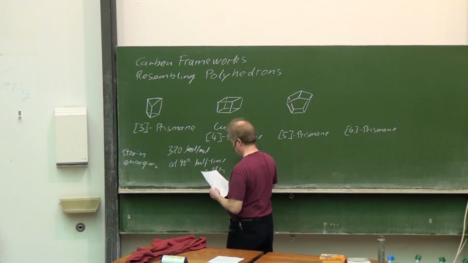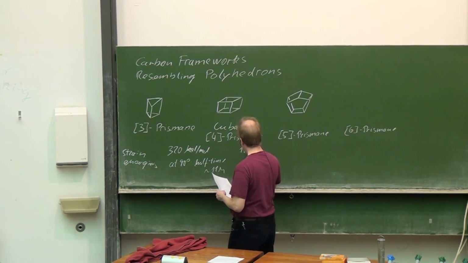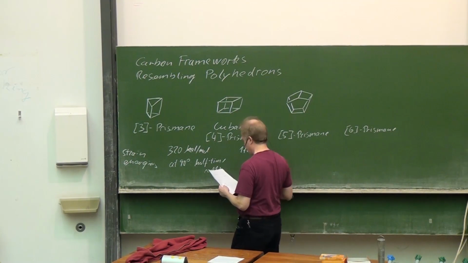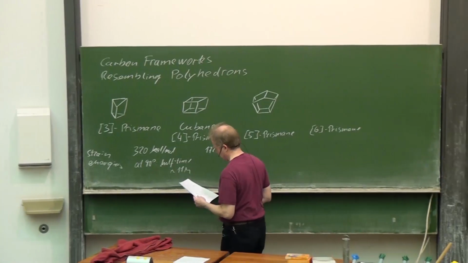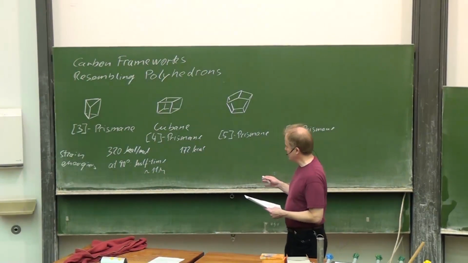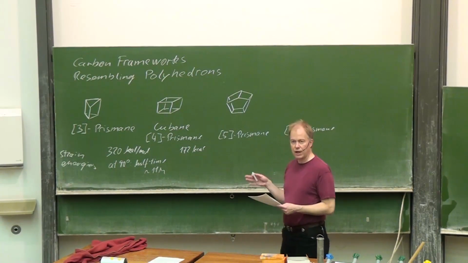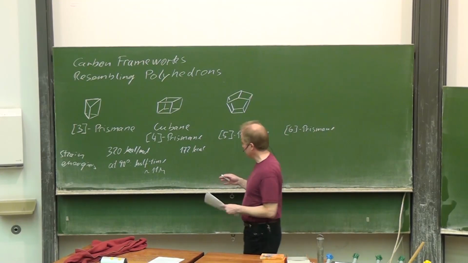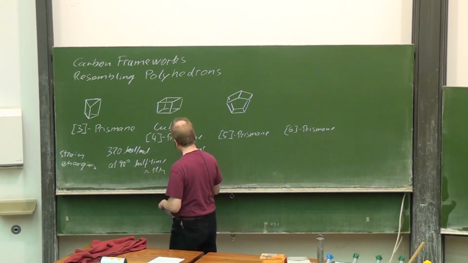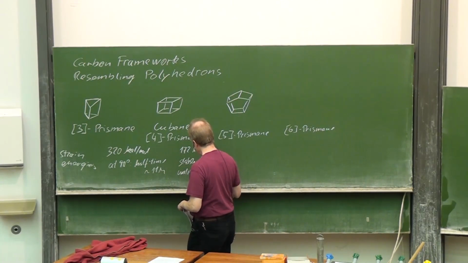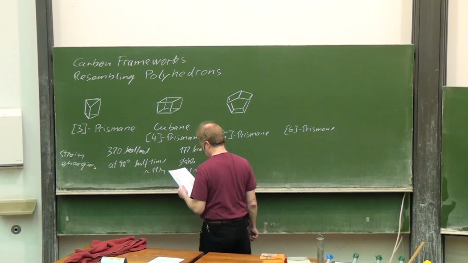Strain energy of cubane, 172 kcal. It withstands higher temperature up to 200 degrees. So also stable until 200 degrees.